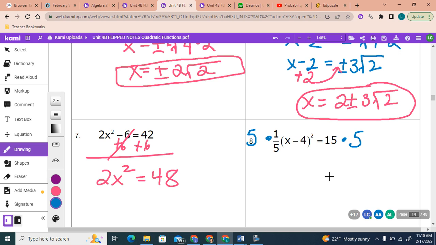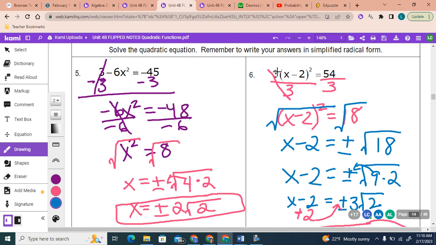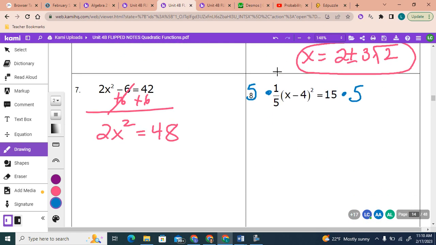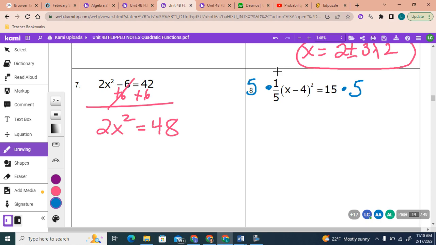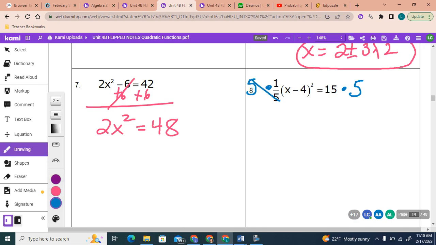Okay, so if you've noticed the trend in both of these problems, when I have a number in front, you want to start by undoing it. Okay, this undoes my 5s. And I'm left with x minus 4 squared equals 75.